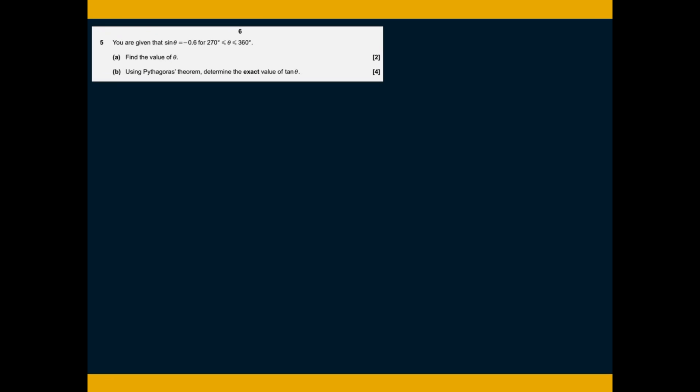Part B asks us, using Pythagoras' theorem, determine the exact value of tan θ. Now we can't just use our calculators because it's asking us how to work it out and in a specific way it wants the answer. Now the first thing to look at is what sin θ equals. sin θ equals −0.6, but the sine of a function equals the opposite over the hypotenuse.